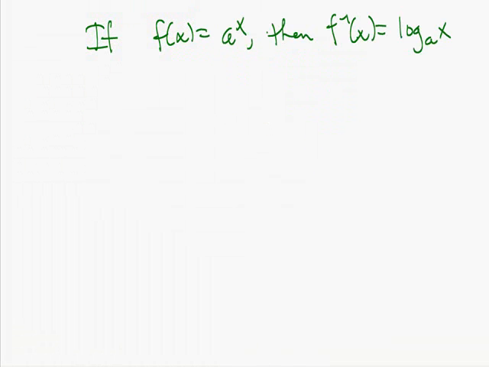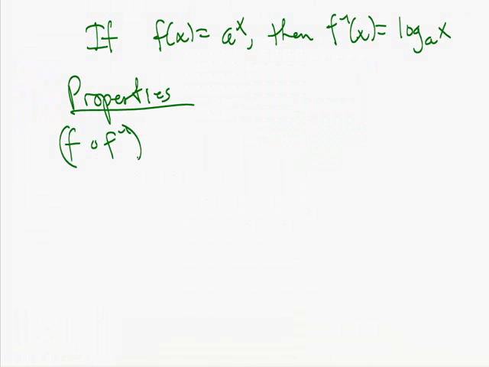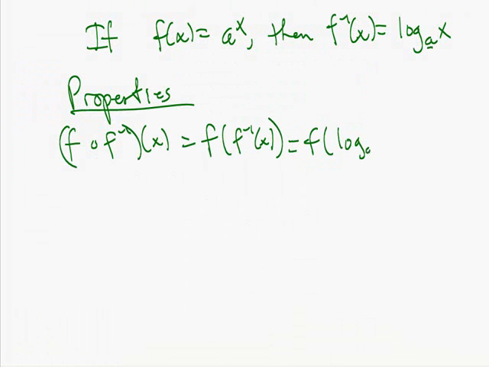And we have two important properties then that come from that composition, and the fact that the composition of two inverse functions gives us back x. If we take f composed with f inverse of x, that's f of f inverse of x. This is all just in very general terms here for any exponential function and any logarithmic function base a. What do we get? F of the log base a of x.